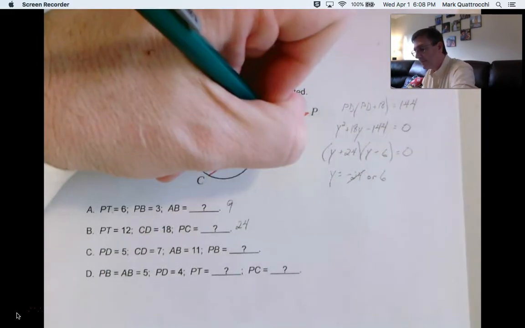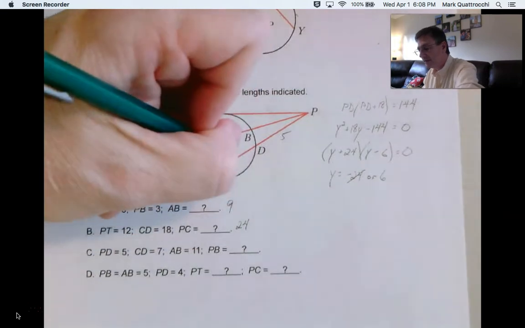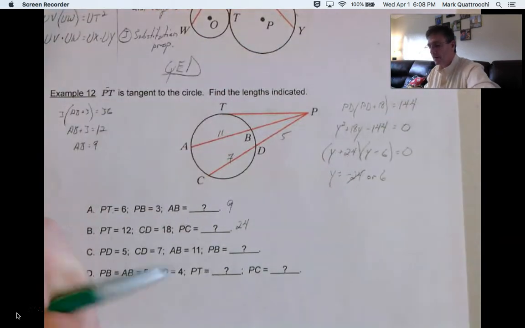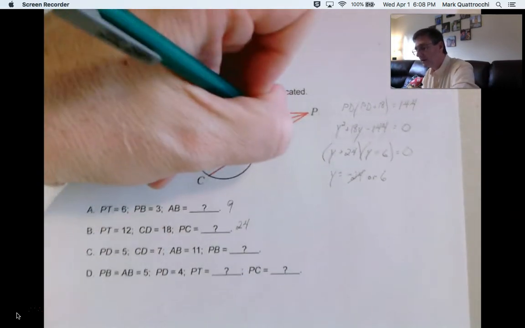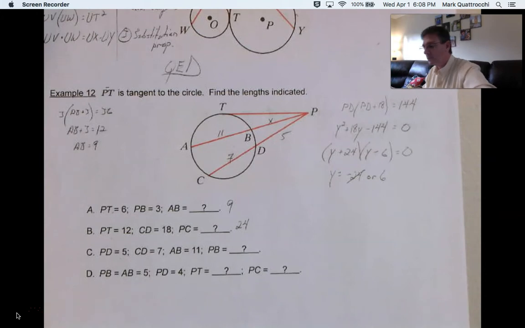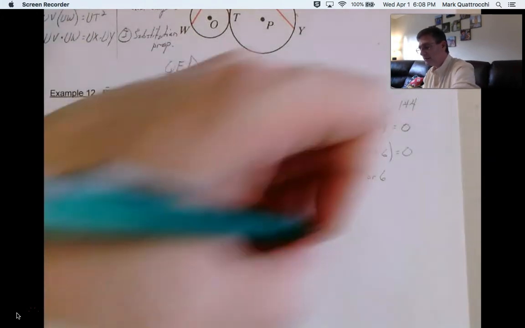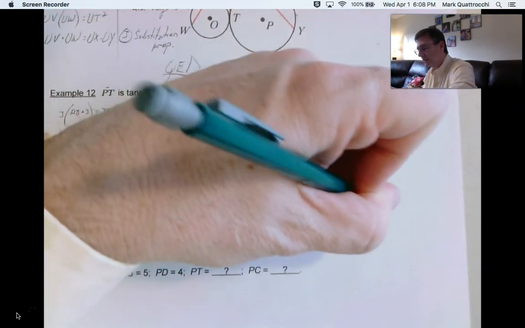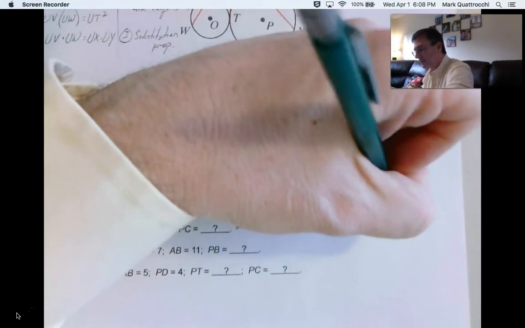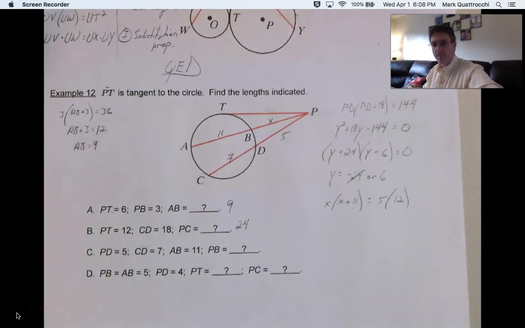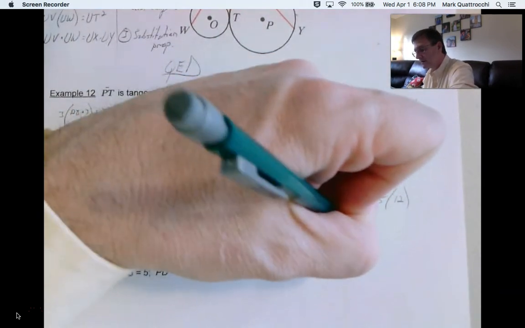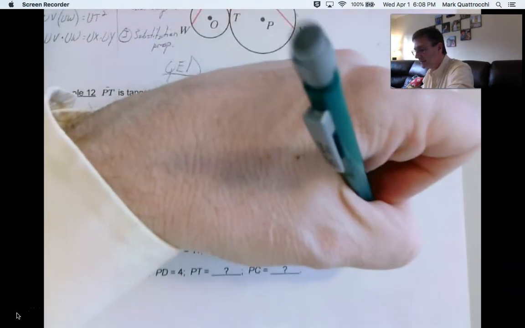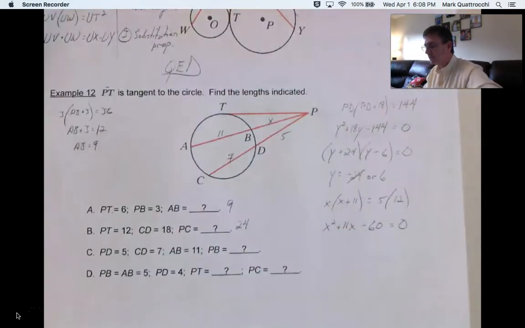PD is 5. CD is 7. AB is 11. And we're looking for the length of PB. I'll call it X. It'll make things a little bit easier. So X times X plus 11 equals 5 times 12. So X squared plus 11X minus 60 equals 0.